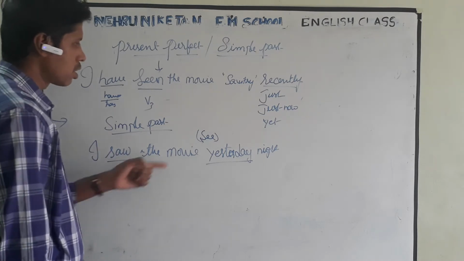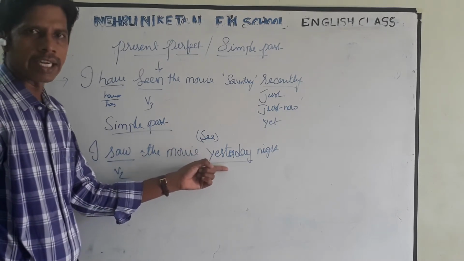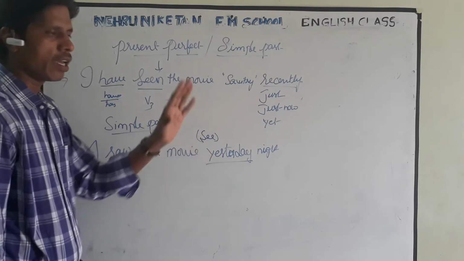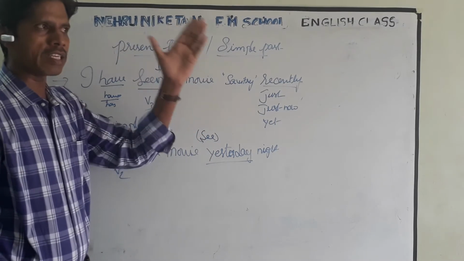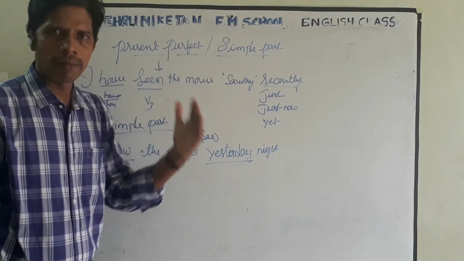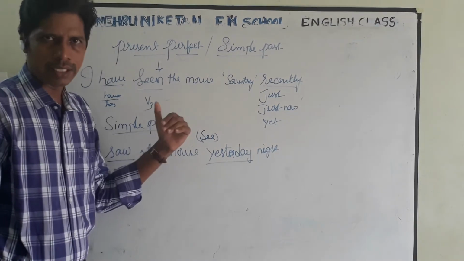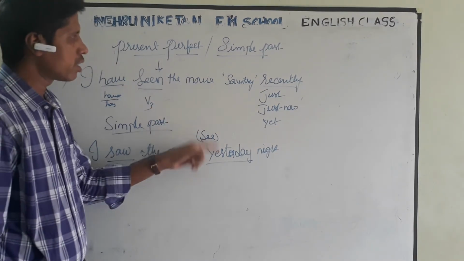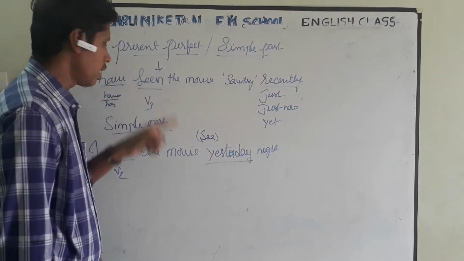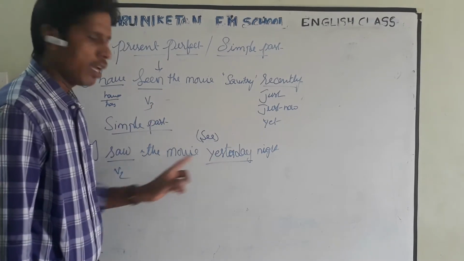Here the time is indicated. What happened? When did it happen? Yesterday, in the sense that it already happened yesterday. So you must remember this is simple past. See the differences here: recently, so have seen; here yesterday, saw.